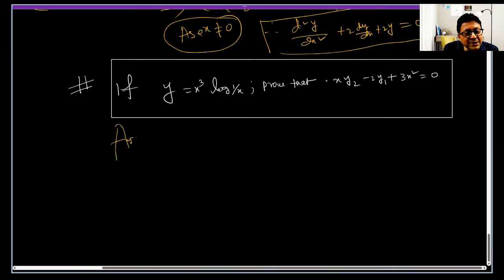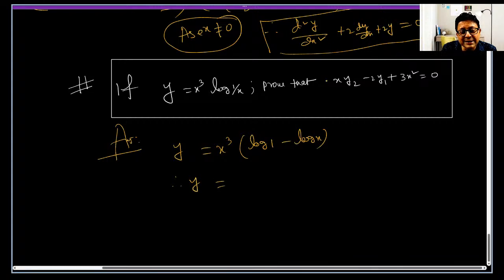When you answer, you write y equals x cube log 1 minus log x. Log 1 is 0, so y equals minus x cube log x. Okay?